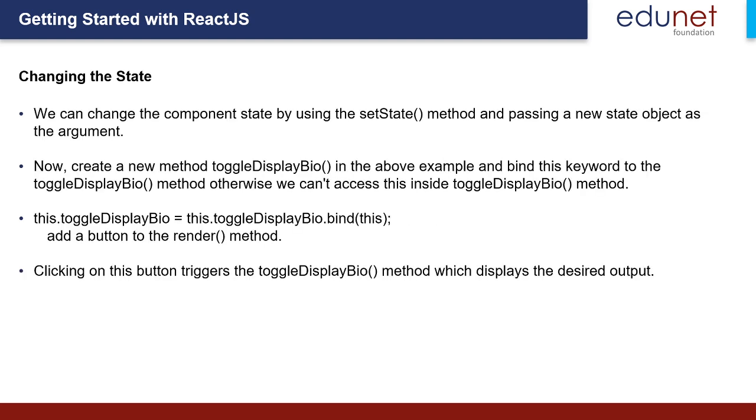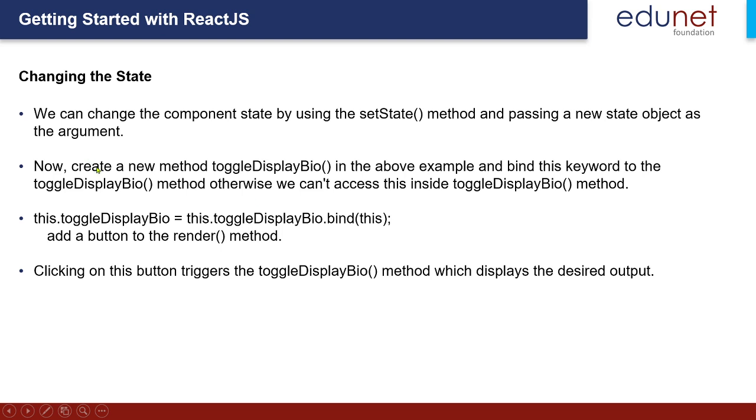And if there is a case where you want to change some state, what will I do? I'll be using some other method like setState. Or you can use this toggle. We can change the component state by using the setState method and passing a new state object as an argument.